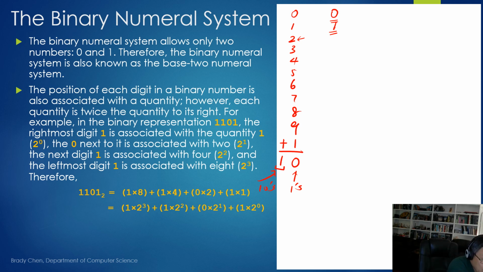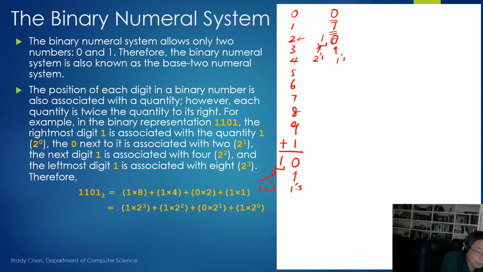We reset the ones position to 0, and then add a new position and put 1 in that new position, since we add a new position after we reach number 2 instead of number 10. So we call this the 2's position, and this is also called the 1's position.